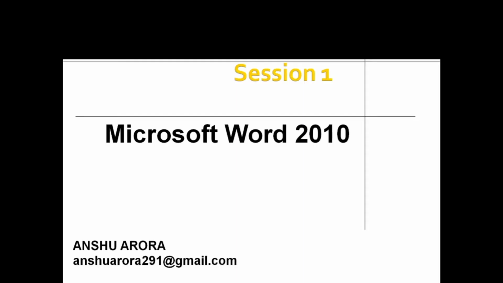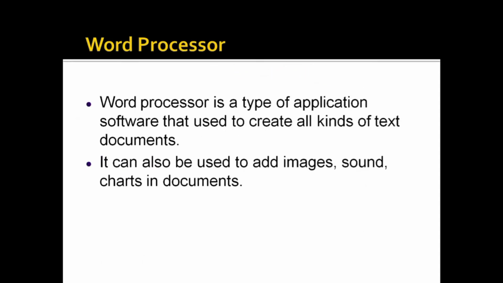So students, in this video we are going to learn the basic intro of Microsoft Word 2010. First we will discuss what a word processor is. As we all know, Microsoft Word is also called a word processor. A word processor is a type of application software used to create all kinds of text documents.